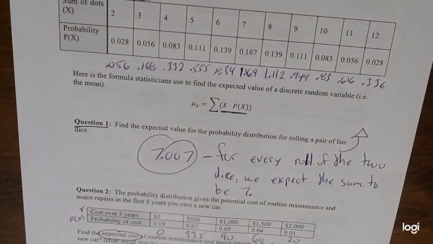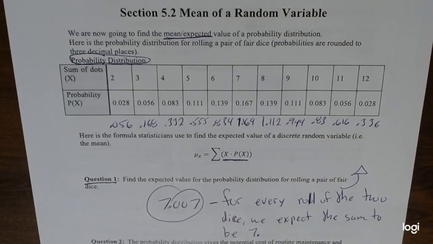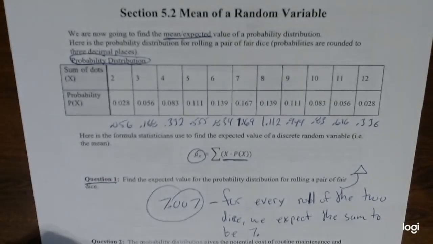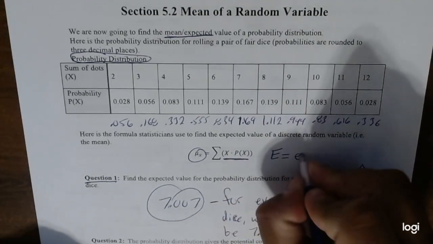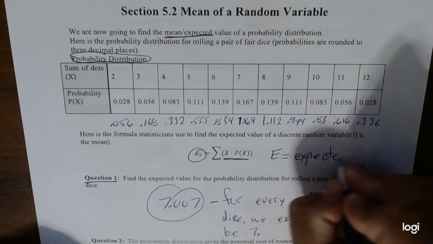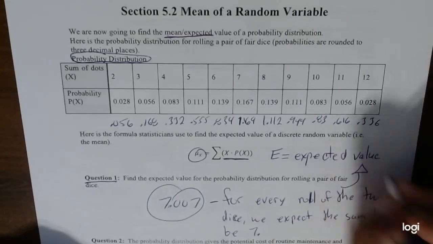It's a quick little section, like I said. It's only one video, section 5.2, mean of a random variable or the expected value itself. Now, one thing before we go, I forgot really quickly: the mean is also called E. The expected value is capital E as well.